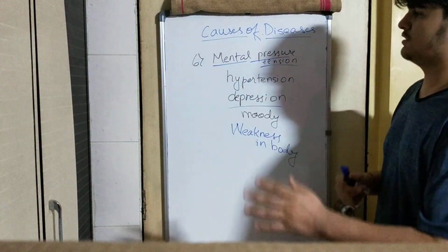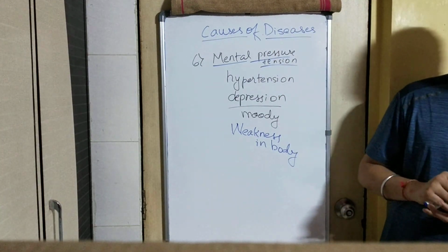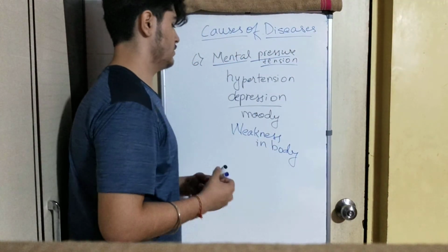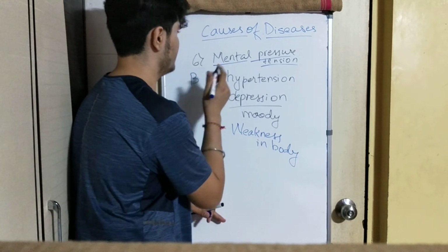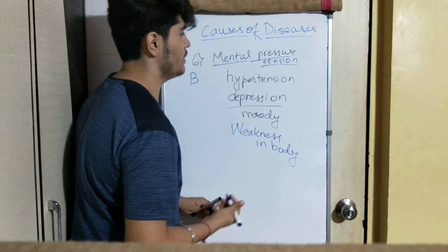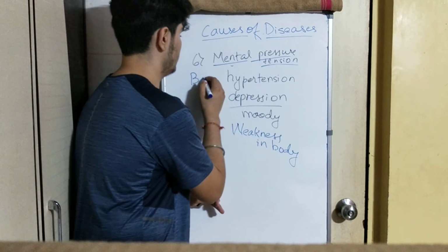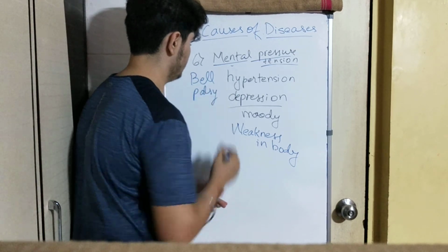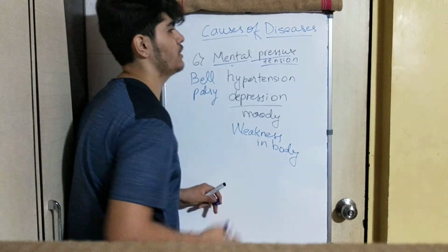Then I'll tell you an interesting thing about mental illness. So I hope you have copied. There is a type of disease, this is not a disease, it's a type of paralysis which is caused due to mental pressure. That is Bell's palsy. It is caused due to excessive pressure or tension.